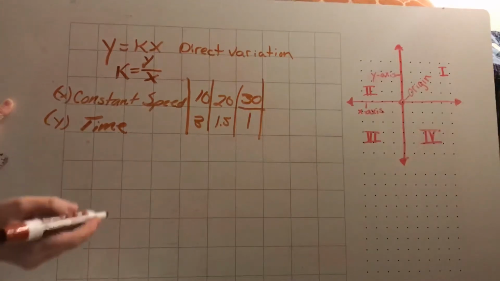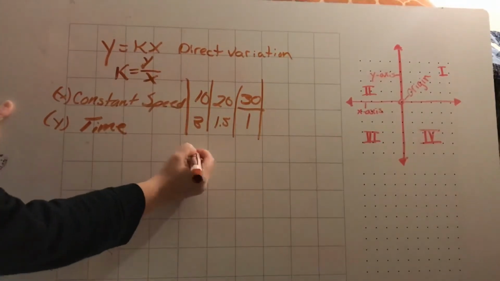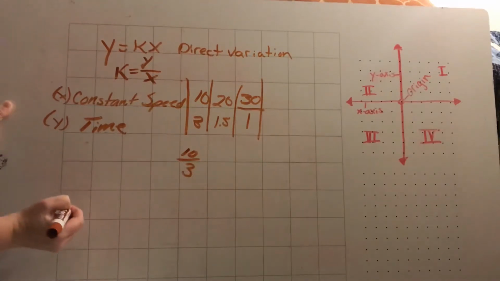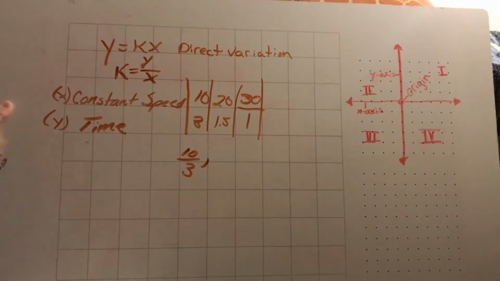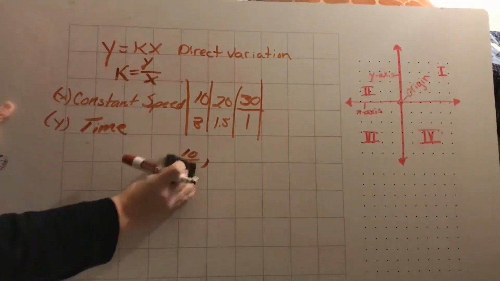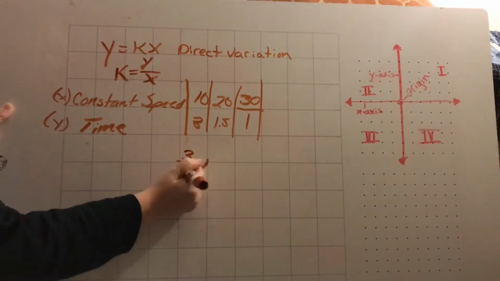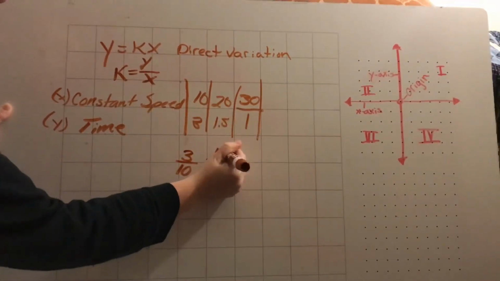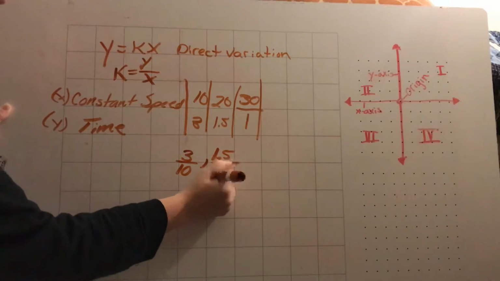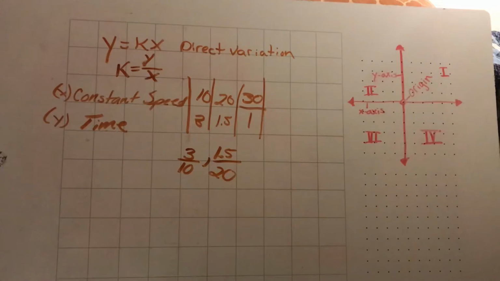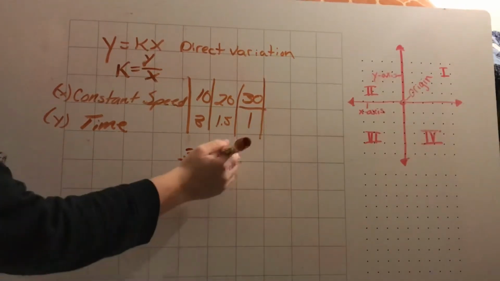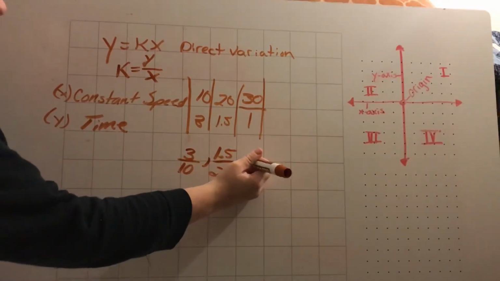So if we start off, we have 10 over 3, and then we have, oops, sorry, I read that wrong. 3 would be our y. 3 over 10, then our next is 1.5 over 20, which they multiplied by 2 so that you don't have a decimal up on top.